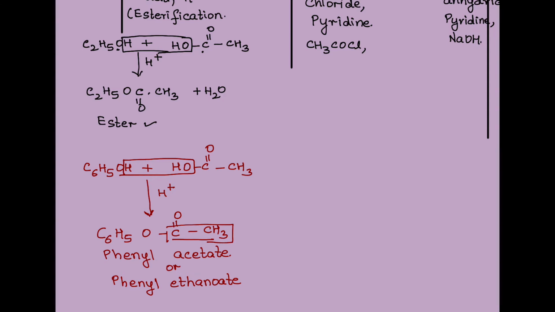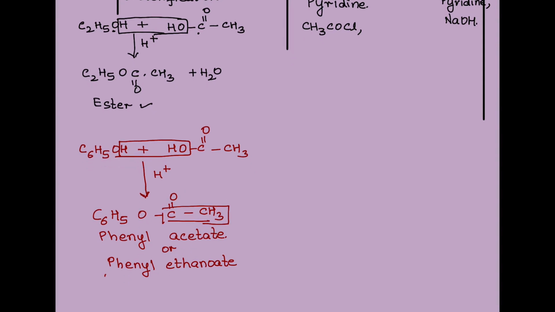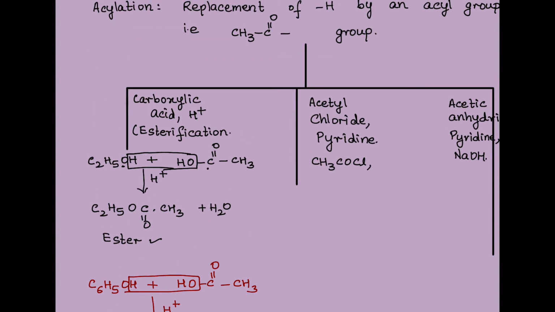Right? But the problem with this reaction is that this reaction gives me very poor yield. Phenols usually are not happy reacting with carboxylic acids. So esterification specifically in the case of phenols is not usually supported, right?